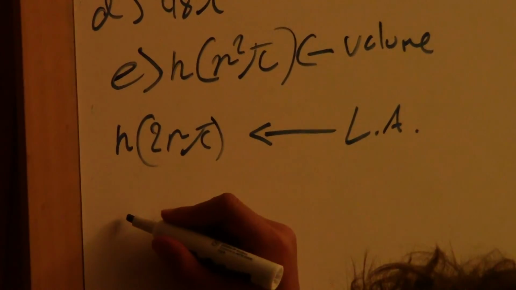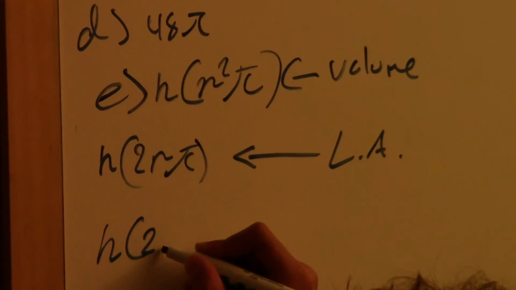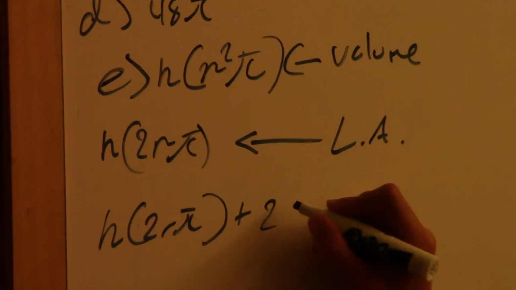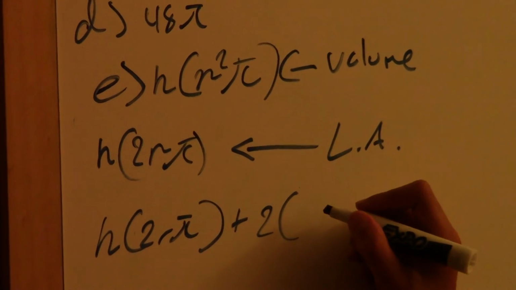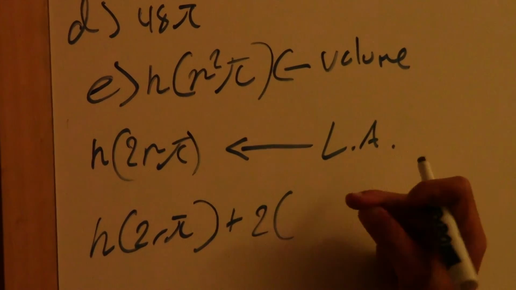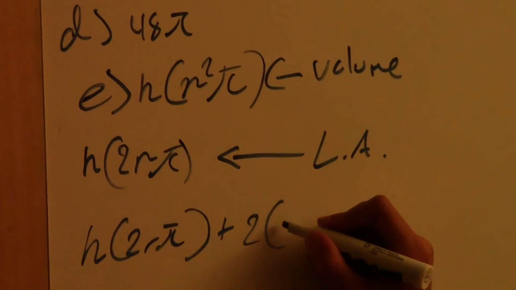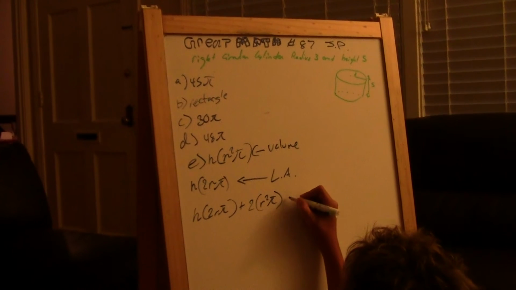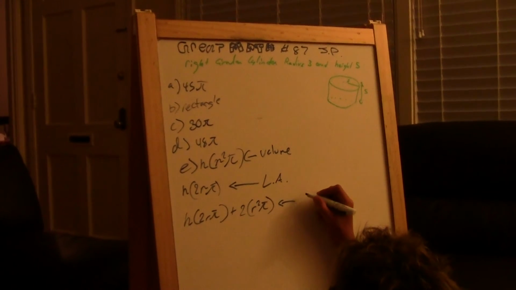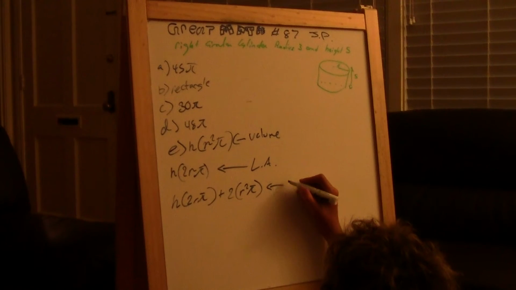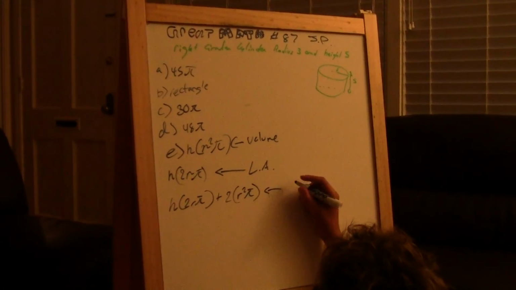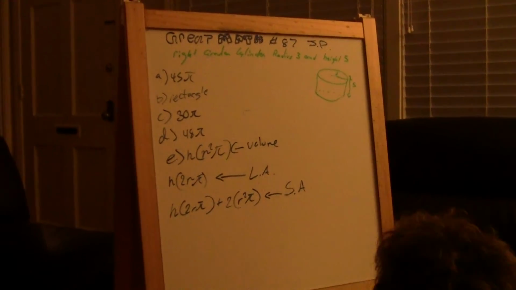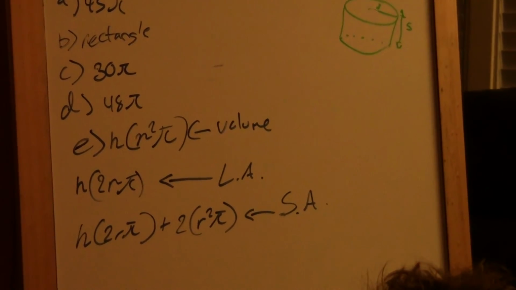Now the surface area is the same thing as this plus 2 times the area of the circle, so 2 pi r squared, and that would be the surface area, or SA. Too bad I don't know a place that says SA, or you guys can leave a comment. I probably won't read it anyway though.